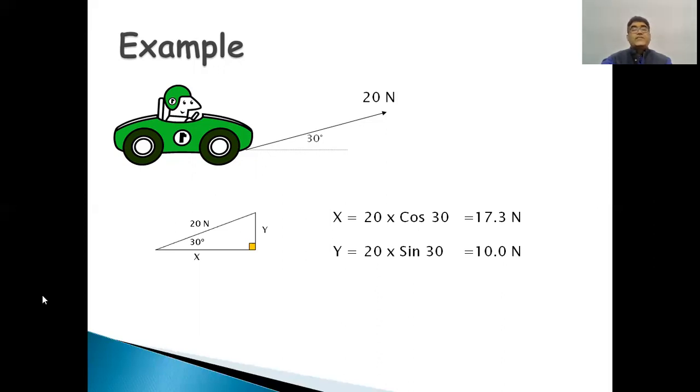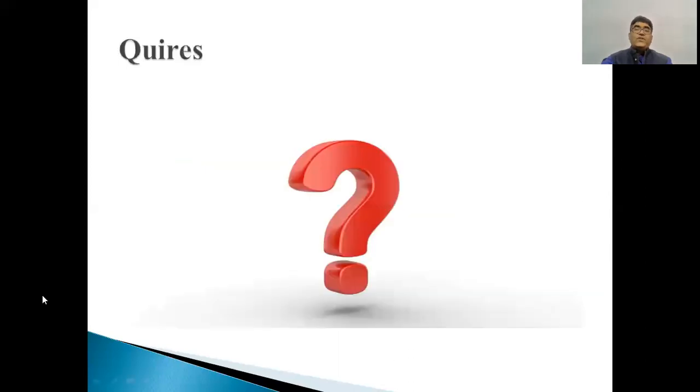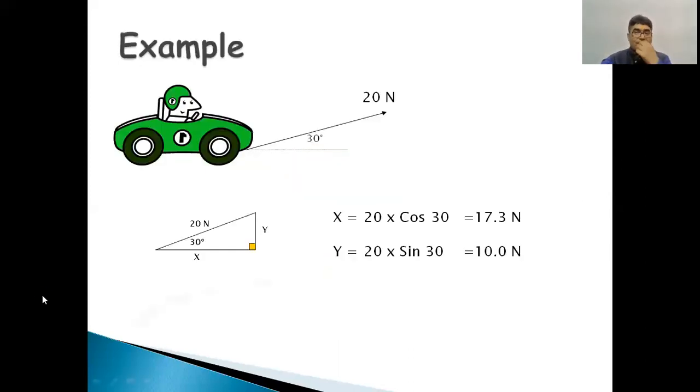That is because sin 30 is equal to 1 by 2. Therefore, the y component is equal to 10 Newton. And the x component will be responsible for the motion of the car, and the car will be in motion only because of 17.3 Newtons, not because of 20 Newtons.